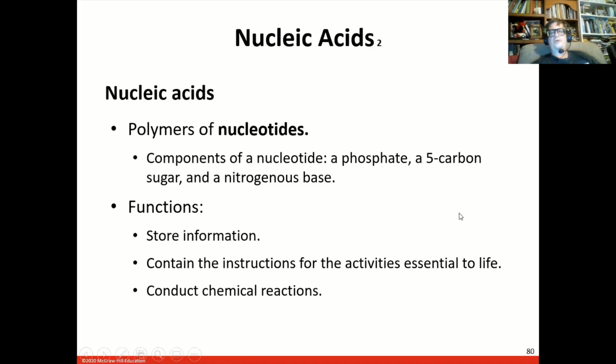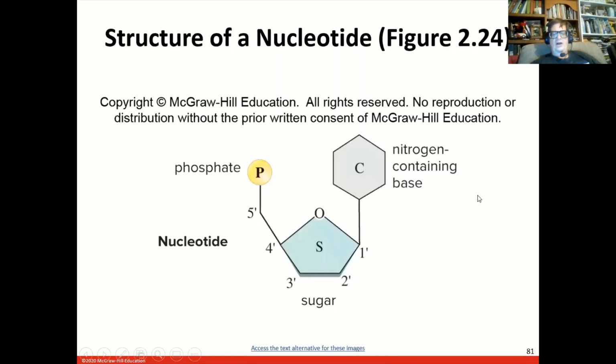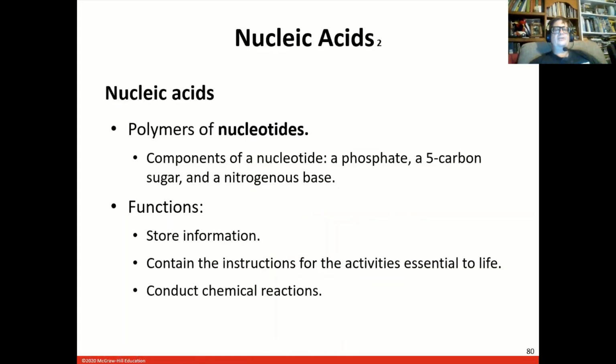All right, so what's the purpose of these? You can store information. What nucleotide and base you're using and what order they're in. We will explain later what the genetic code is, that code, but that's the code. Just like what letters you use and what order they are in, that tells you what the word is and what it means.